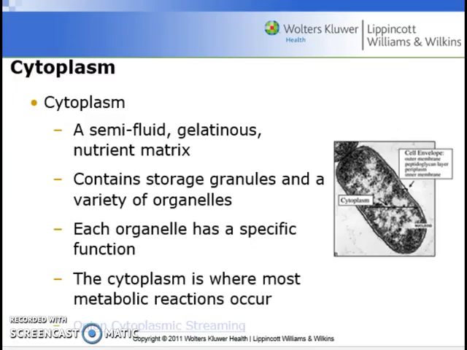Now, another special component of a cell, both eukaryotic and prokaryotic cells, is going to be that of the cytoplasm. And this is a gelatinous matrix that is used to help allow catabolic and anabolic reactions to take place inside of it. But it's also a matrix that's used to help allow the organelles to situate themselves inside of it.